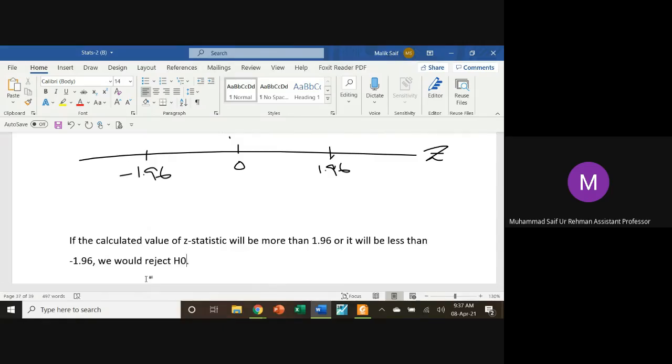So rejection regions are basically in two tails, in a two-tail distribution, or on two sides.